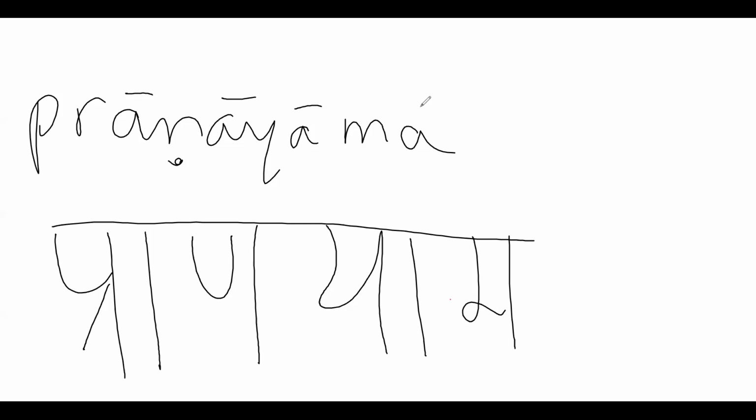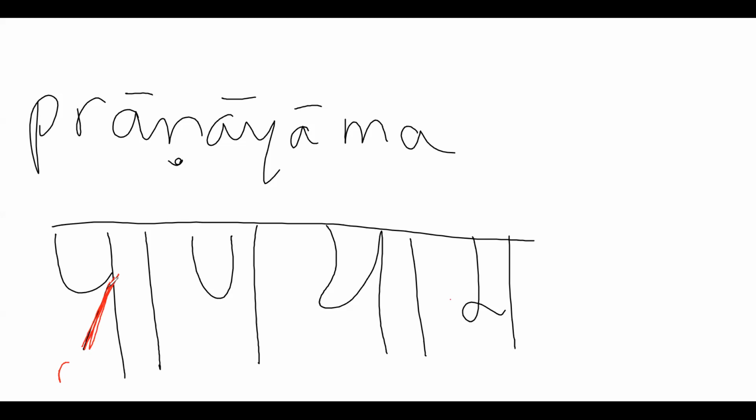Okay, so this here, I'm just going to change my color. This here is R. That's the R. P-R-A, okay? And so looking at rule number 5 under A, and it's the second one, I started with prana, okay?